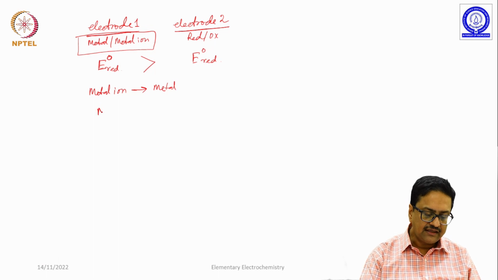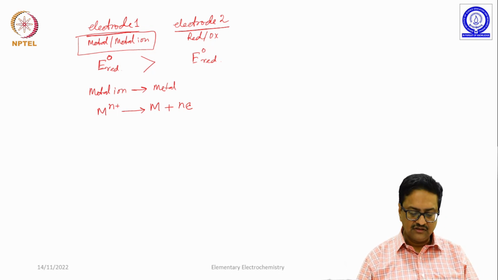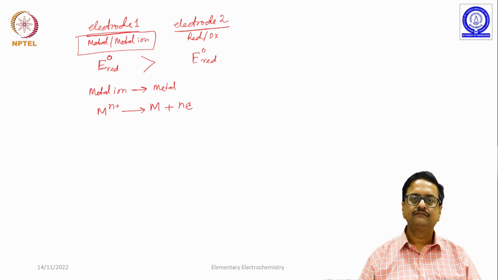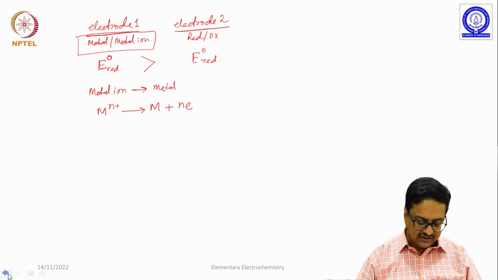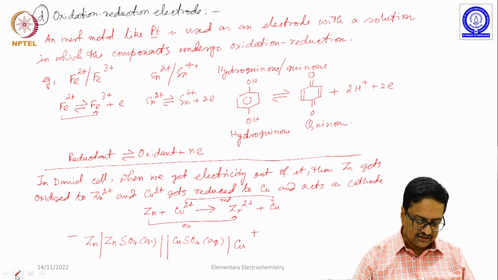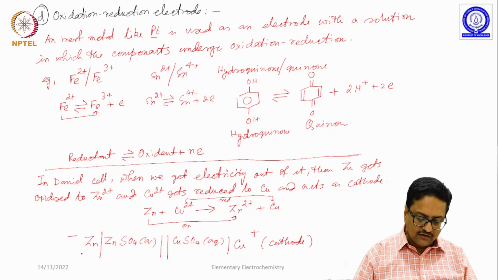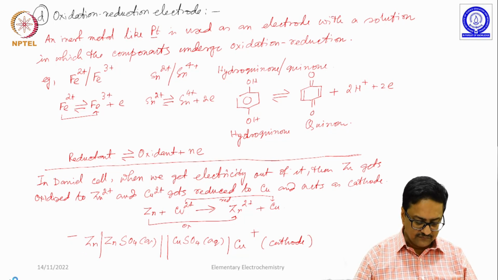That means Mn plus should get reduced to a metal, taking up n number of electrons. And where does reduction take place? If you go back to my previous slide, you see the reduction is here, that is copper is getting reduced, and the reduction has taken place at the cathode, and oxidation is taking place at the anode.